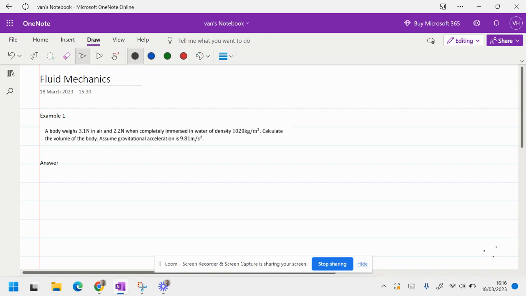Before we rewrite any equation, we need to find out the weight of the displaced water. I'm going to call it capital W_w. It's just the difference between both of them.